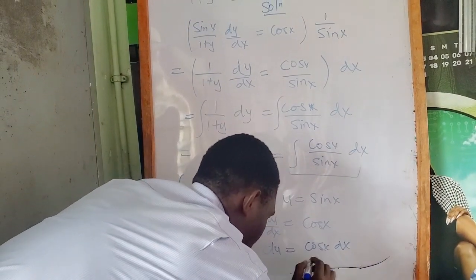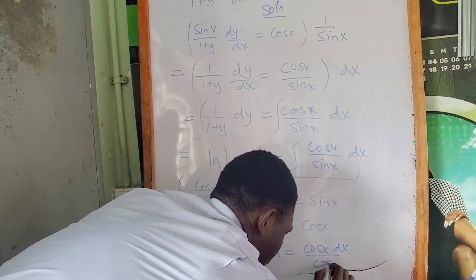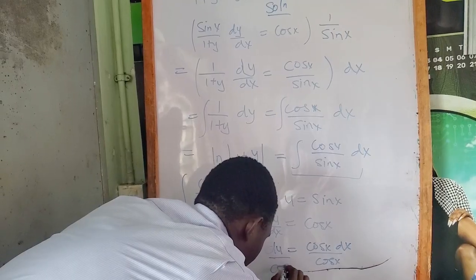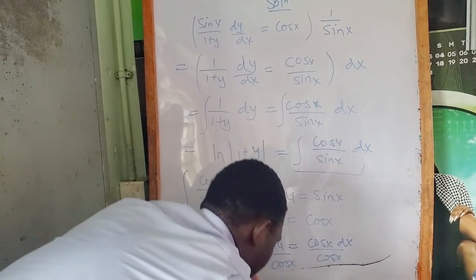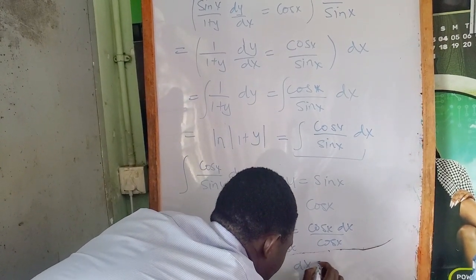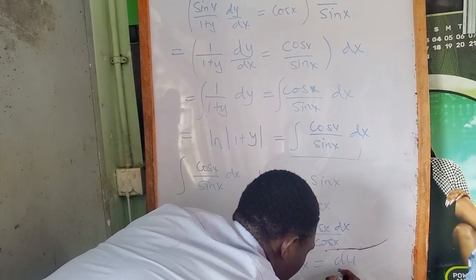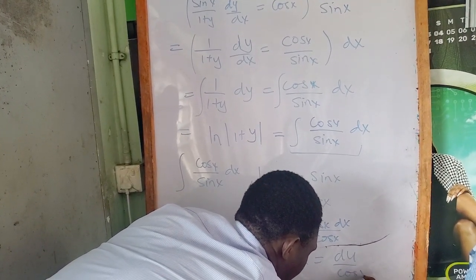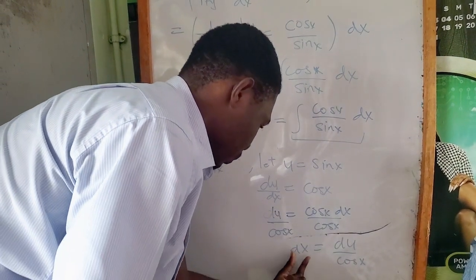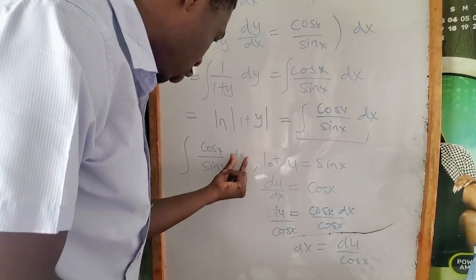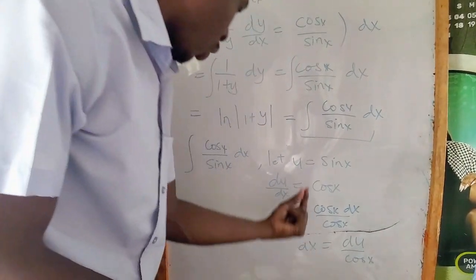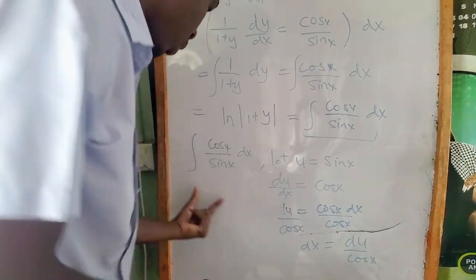If I divide both sides by cos x, I'm going to get that my dx is equal to du all over cos x. Now I'm going to replace the dx with this, and I will replace my sine x with u. Let's do that.